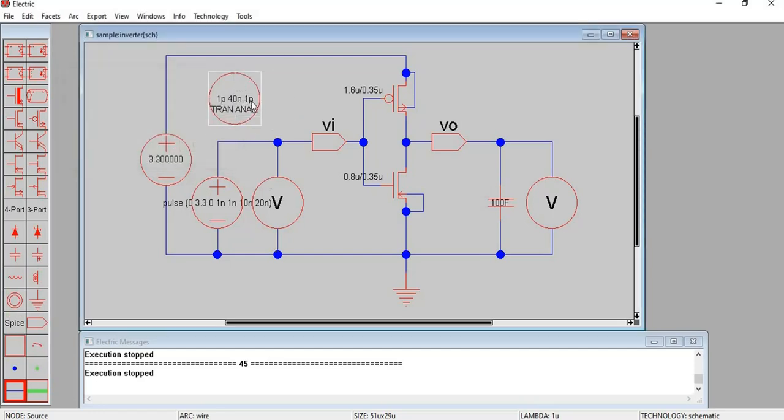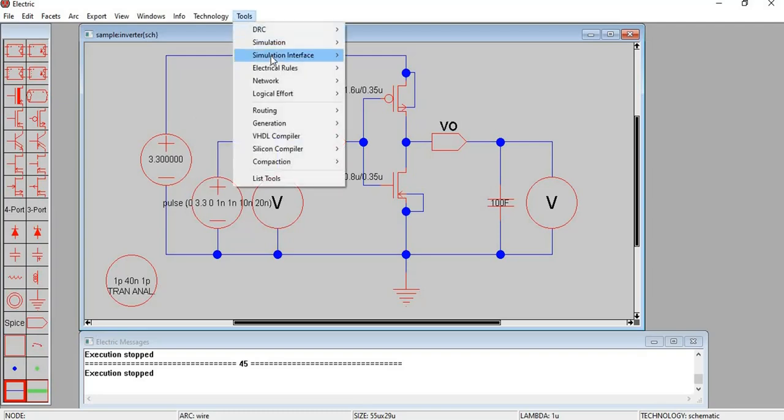It's just a floating symbol, so you can place it anywhere. Let's just put it there. Once you were able to place the proper components that you need for the transient analysis, you just need to change the pulse as well as this transient, instead of the usual DC analysis.